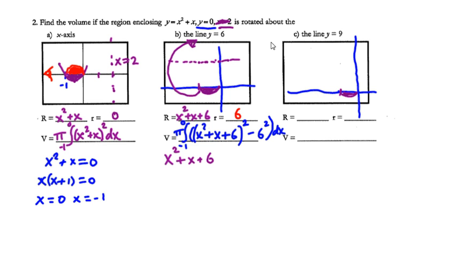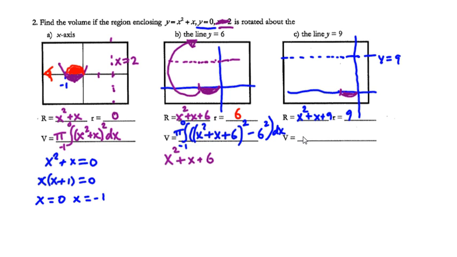But this time, instead of rotating about the line y equals 6, we rotate about the line y equals 9. And so our big R is going to be, instead of x squared plus x plus 6, x squared plus x plus 9. And little r is going to be just 9.